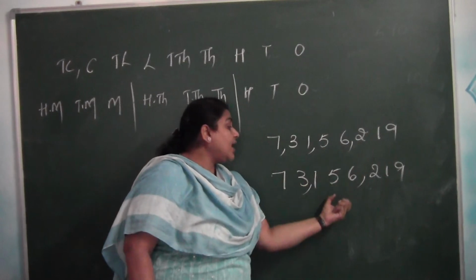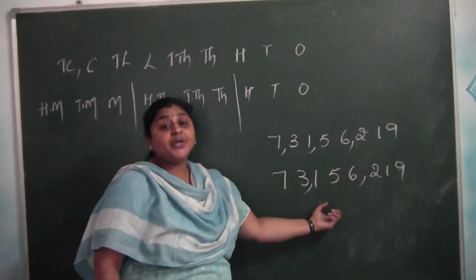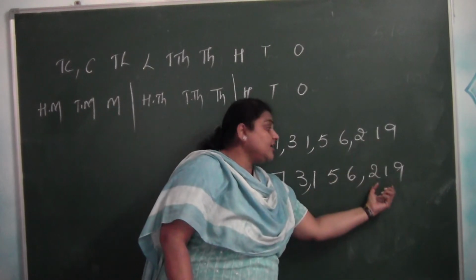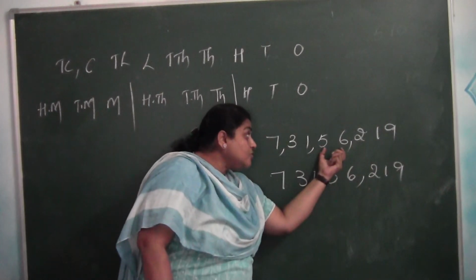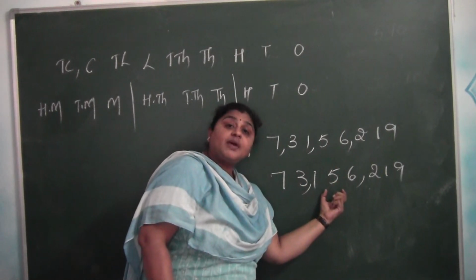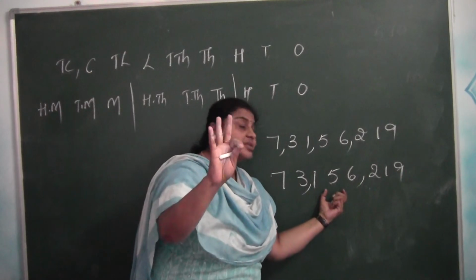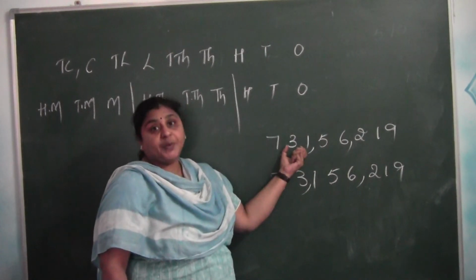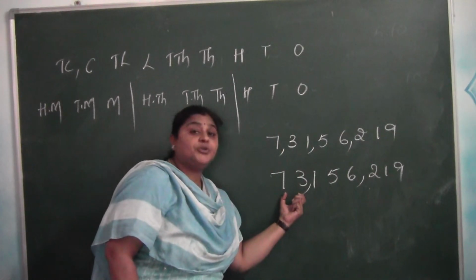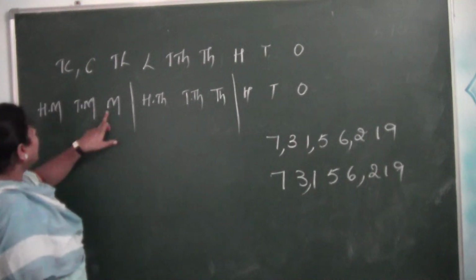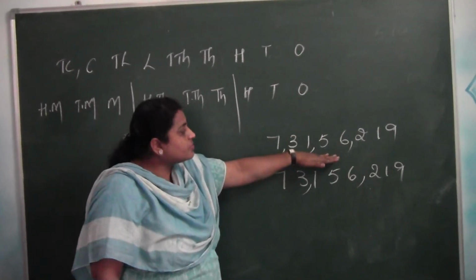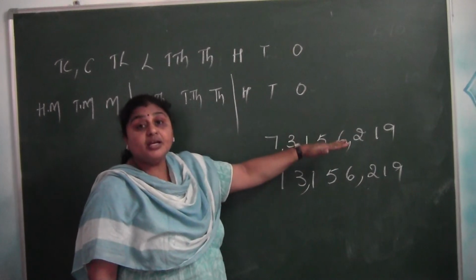Here, the periods differ. Coming to the Indian place value system, the hundreds period has 3 digits, and here it is also 3. But in thousands, you have 2 digits in the Indian system, whereas in the international place value system, you have 3. And in the lakhs period, in the Indian system, you have 2 digits, but in the international system, you will have 3: 1, 2, 3. Got it, children?